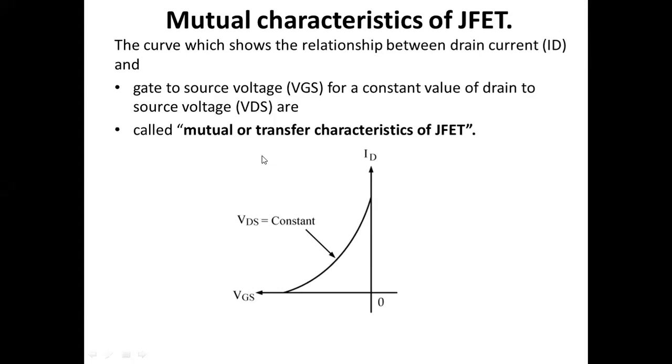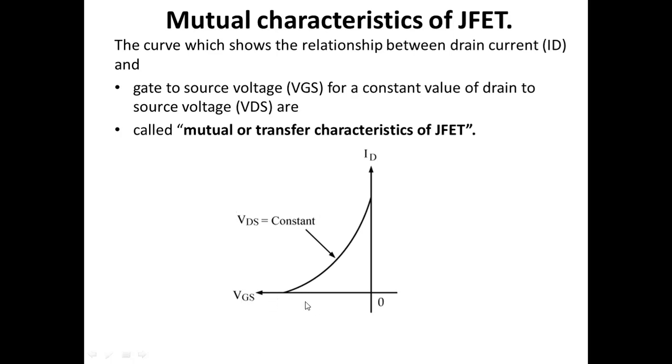To draw these mutual characteristics, first we adjust the drain to source voltage to some suitable value, so VDS is constant. Then we increase the gate to source voltage in small suitable steps. VGS is negative, so -2 is greater than -3.